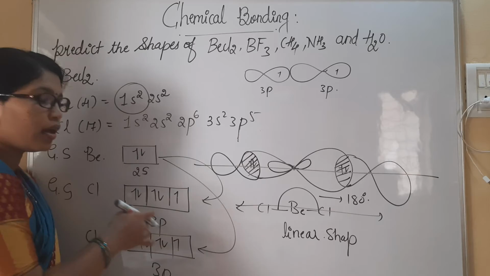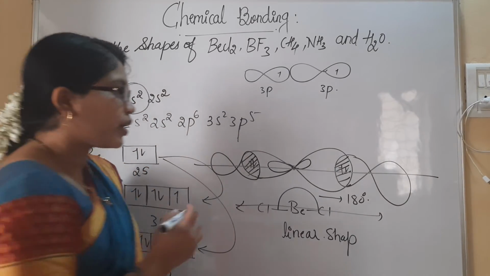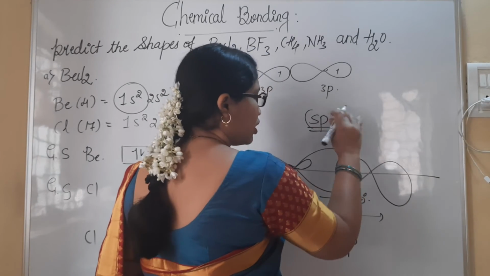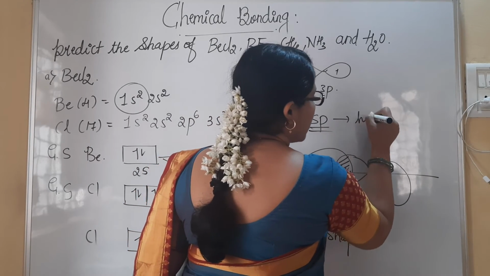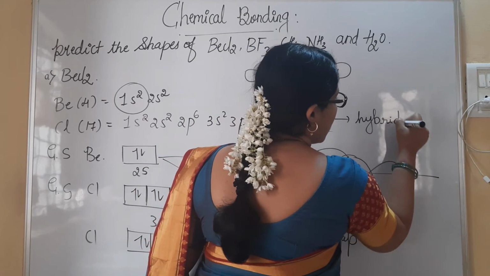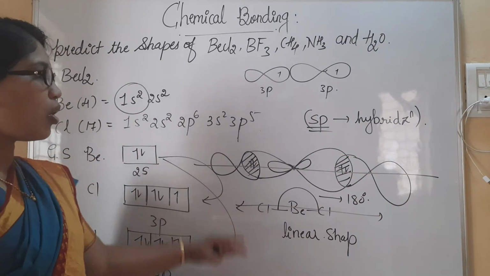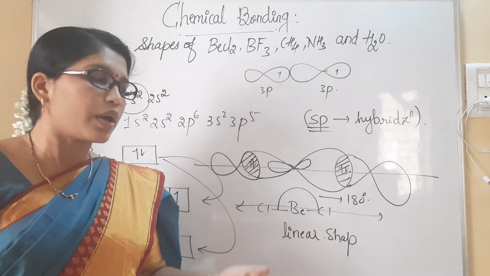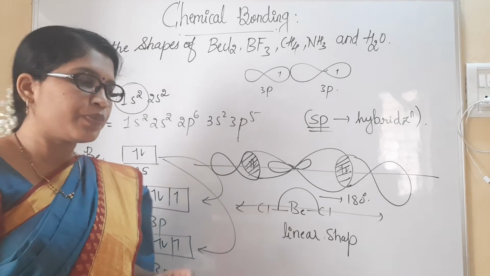These are the only orbitals involved in bonding. So can we call it sp hybridized? I will explain these things in detail, don't worry. But remember, this is said to be sp hybridized. We can call it sp hybridization. So this is all about the prediction of shape and geometry of the beryllium chloride molecule.